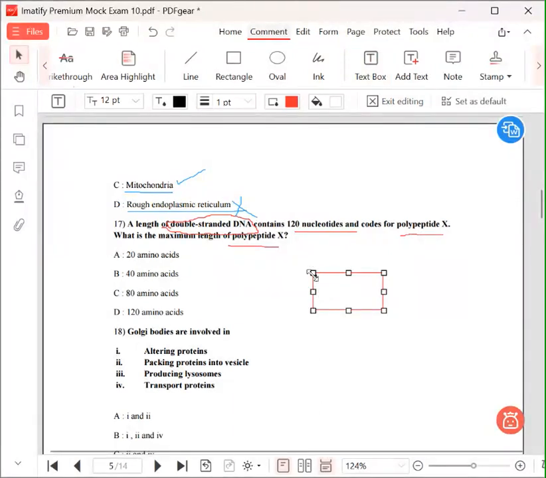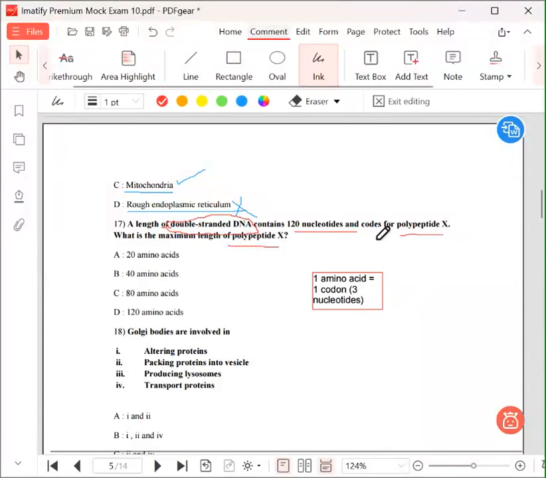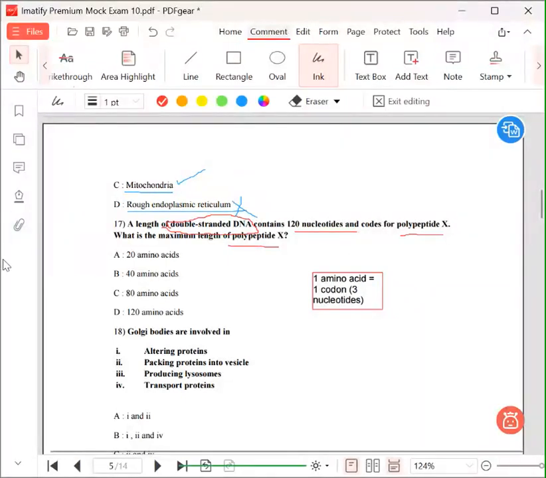One amino acid is formed by one codon, which consists of three nucleotides. So for 120 nucleotides, we just divide 120 by 3 and we get the answer 40, right?